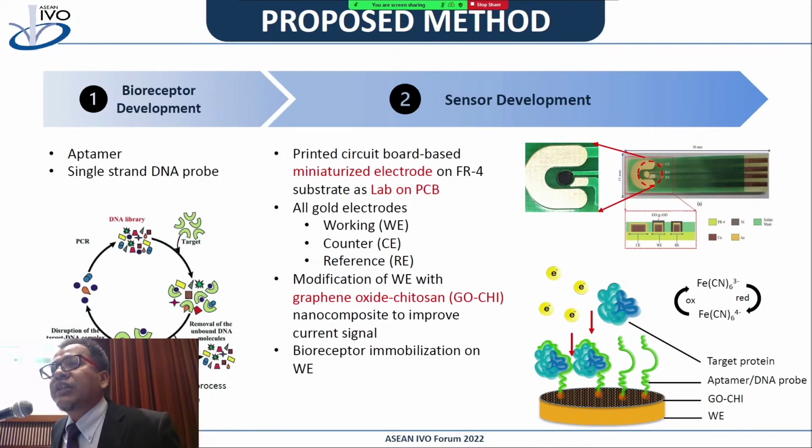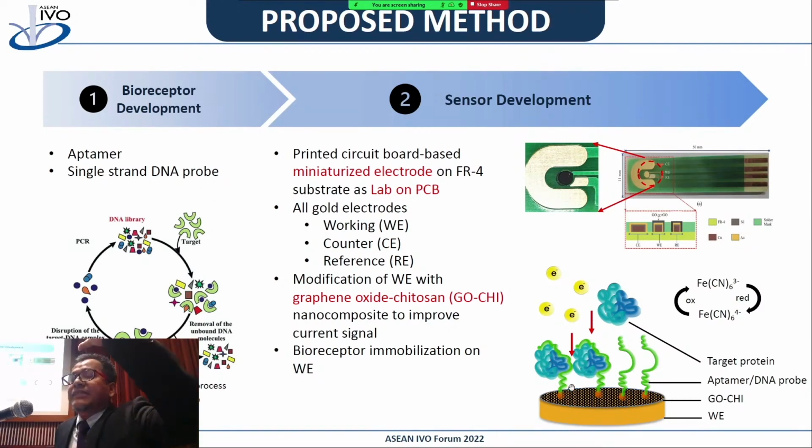We do fabrication using the standard process we use for circuit fabrication, right? Next, we modify the working electrode with graphene oxide and chitosan to improve the surface area of the working electrode, so that it can amplify the current signals when the probe and the target are matched. Then they hybridize, which affects the surface area and reduces the ionization transfer between the target and the electrode, so that reduces the value of the current.